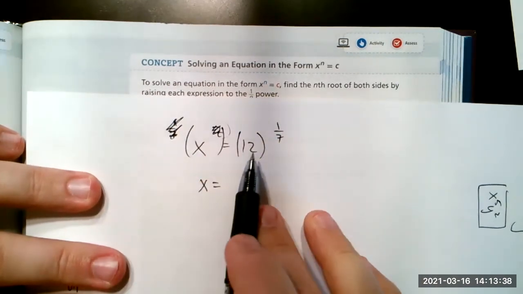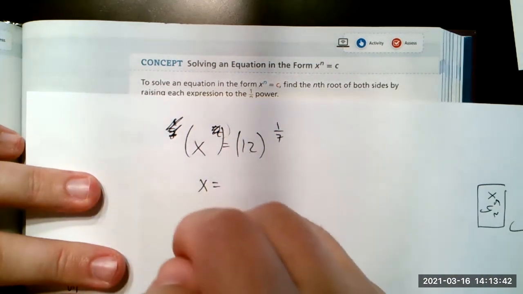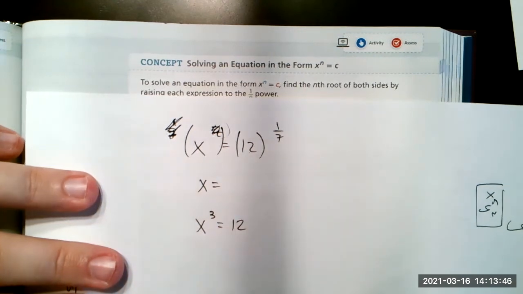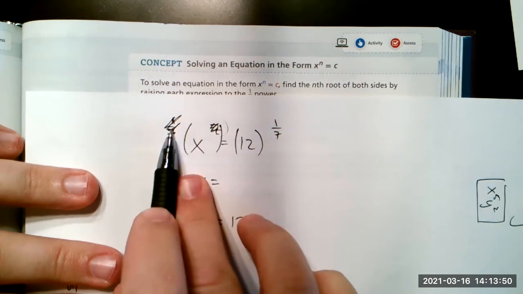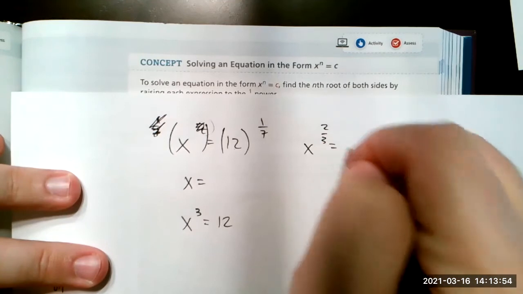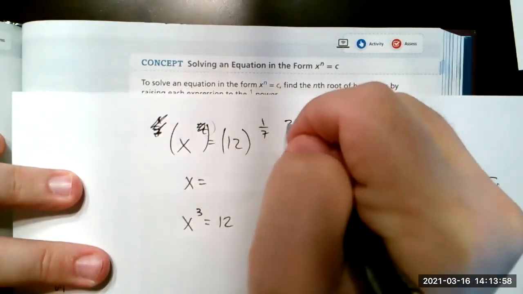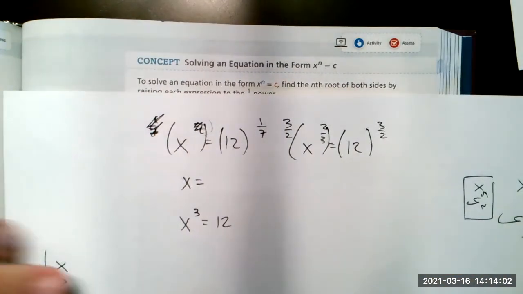And then on the right, 12 to the 1/7 power is whatever. If this is 2/3, the reciprocal would be 3/2. So it's just that fraction flipped.